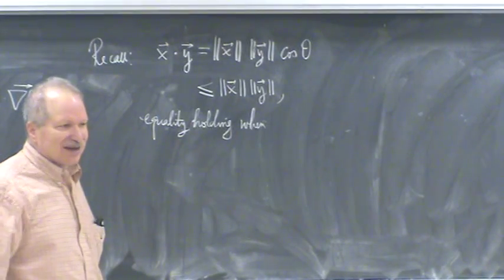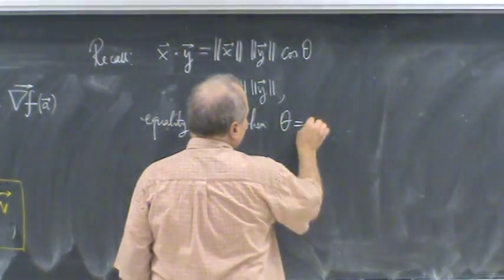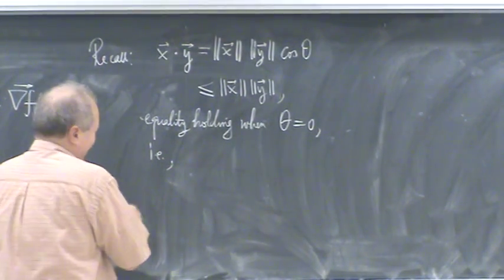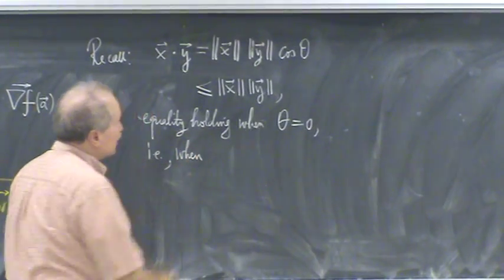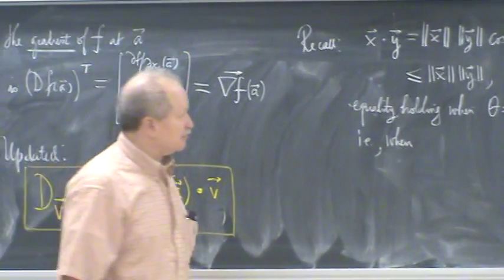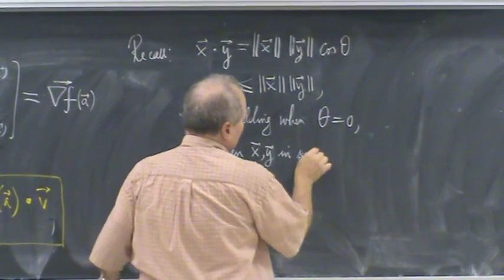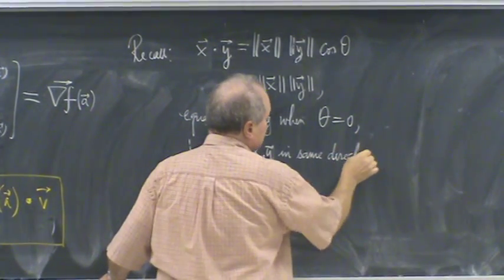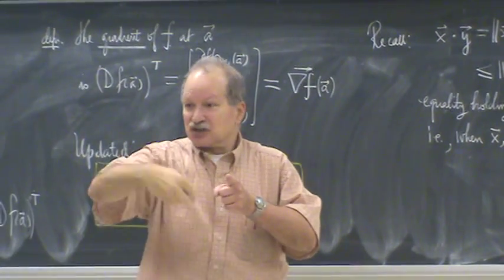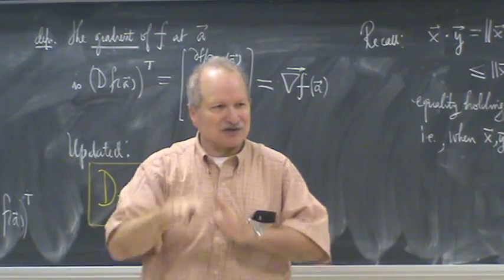That is, theta is 0, i.e., when vectors x and y are pointing in the same direction. I'm not saying parallel, because I mean direction, not minus direction. I mean they're pointing exactly in the same direction.